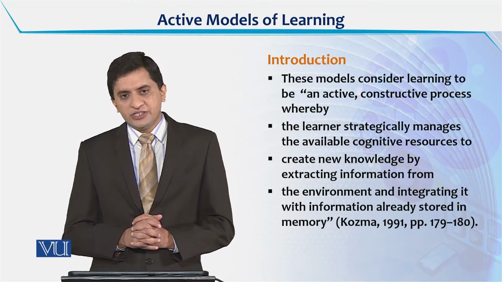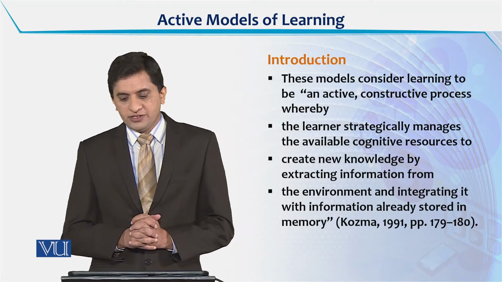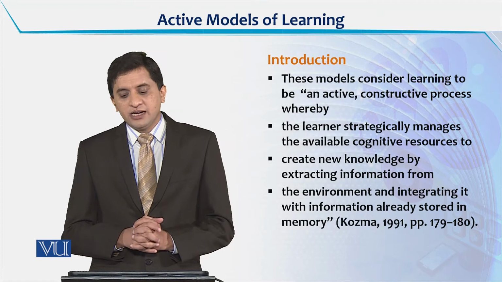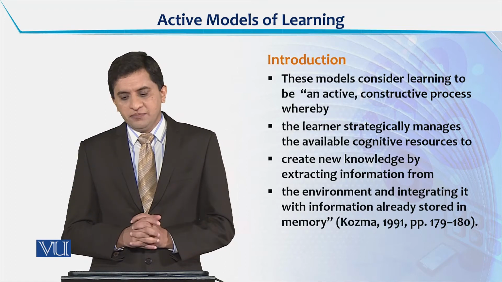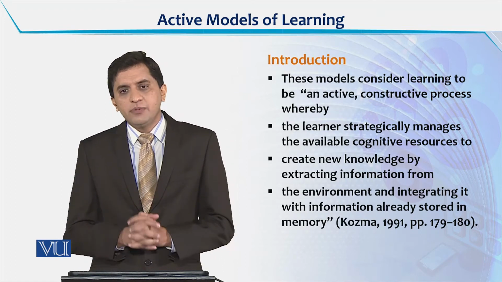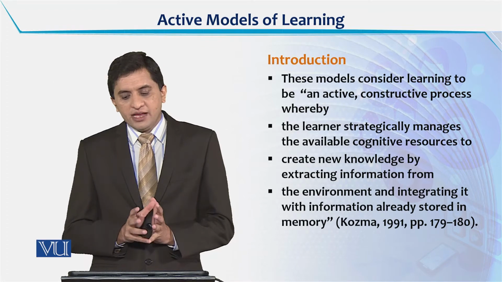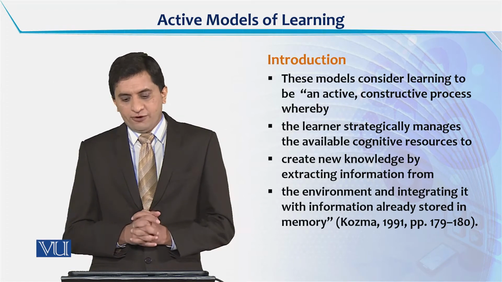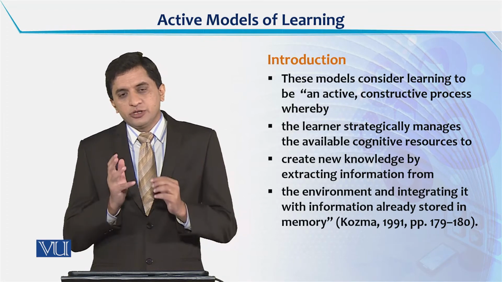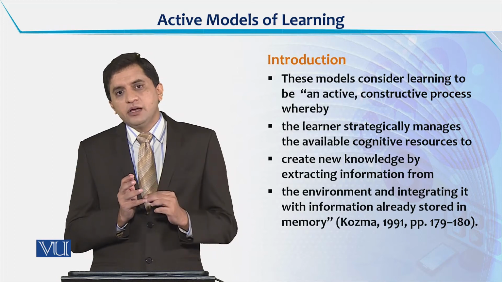The first one is that learning is an active and constructive process. And the second one is that the learner strategically manages the available cognitive resources to create new knowledge by extracting information from the environment.